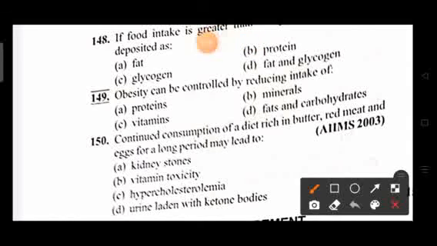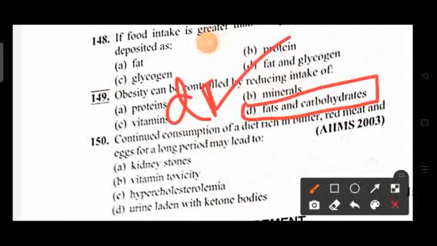Generally, obesity is because of a large amount of fats and carbohydrates. So option D is the answer. Obesity can be reduced by reducing fats and carbohydrates.